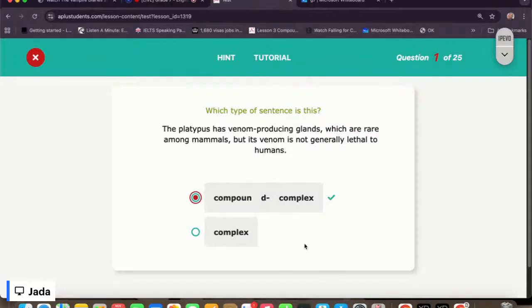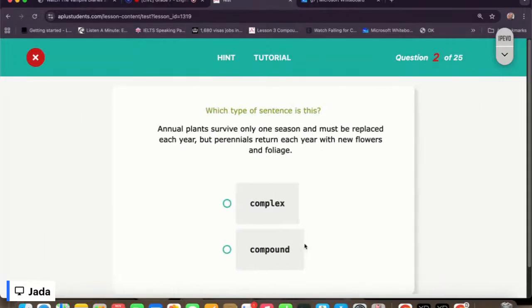So we have compound complex. Annual plants survive only one season and must be replaced each year, but perennials return each year with new flowers and foliage. First or second?